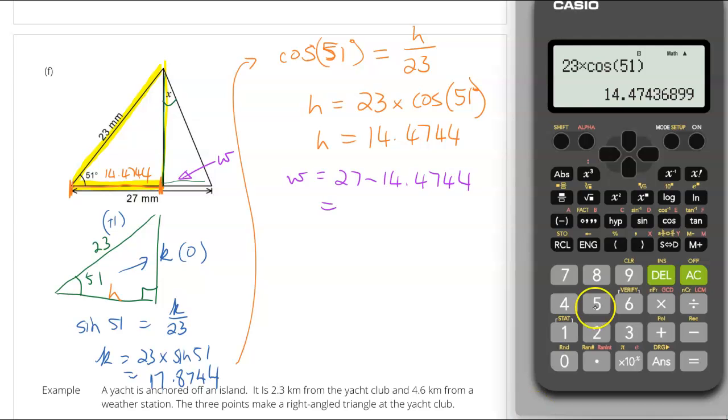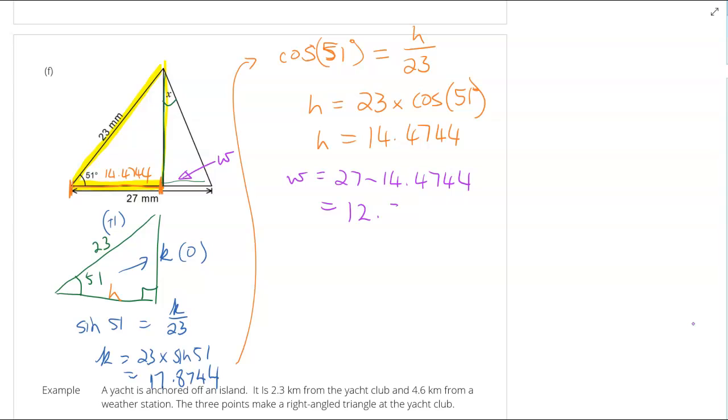So if we just go 27, subtract the answer we just had in the calculator, we get 12.5256. So we know w and we know this distance here, k, and we are now going to have enough information to find x.